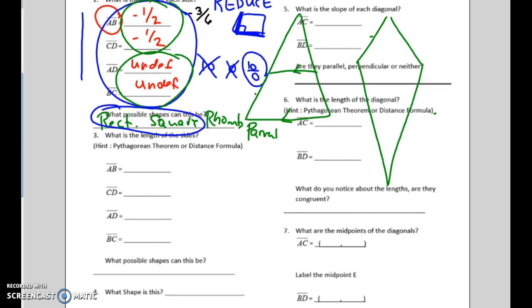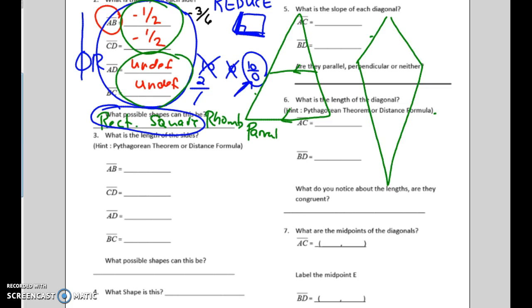Perpendicular, right? What do you know about the slope of perpendicular lines? What word did I tell you to think about when you saw perpendicular? Opposite reciprocal. Very good. So are these opposite reciprocals? If this is -1/2, shouldn't this one be 2/1? It wasn't. It was 10/0.